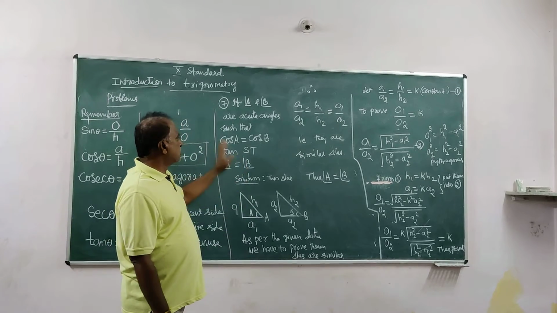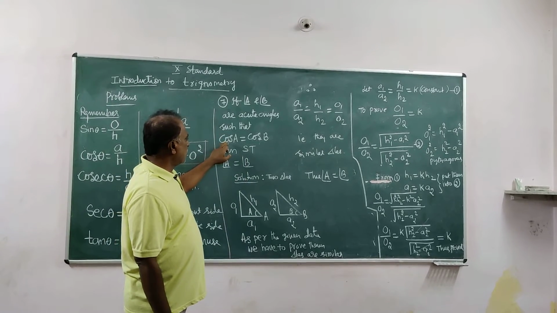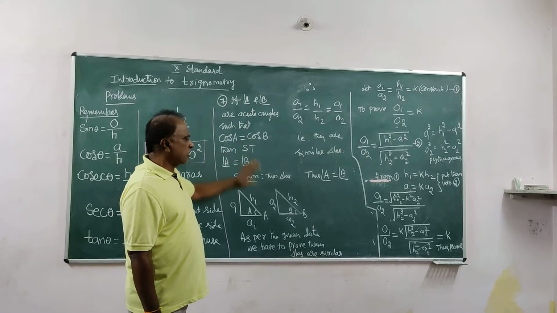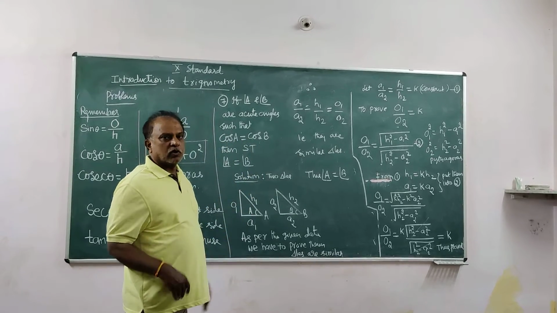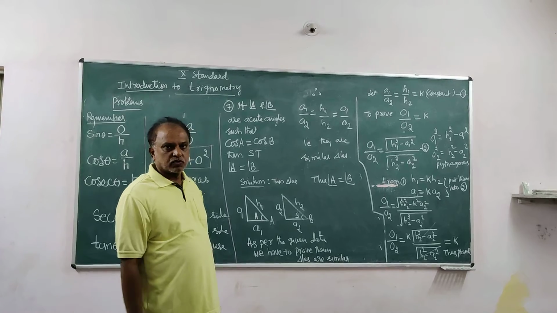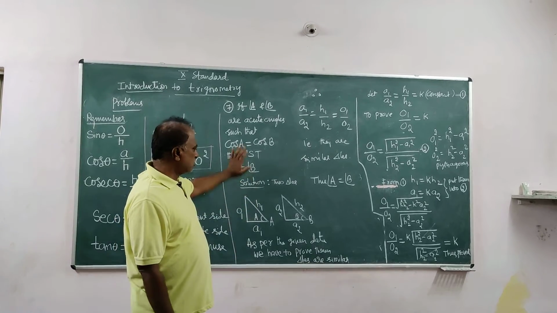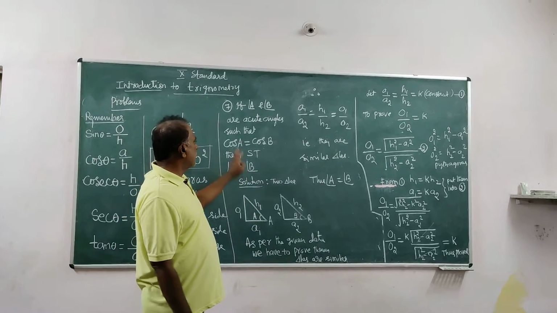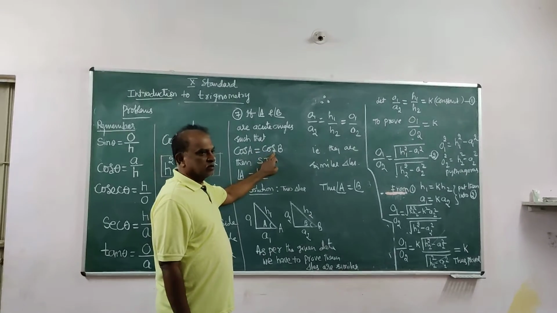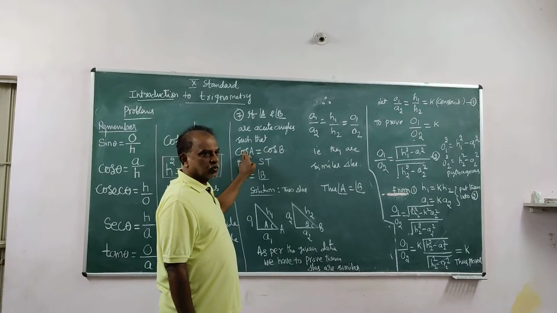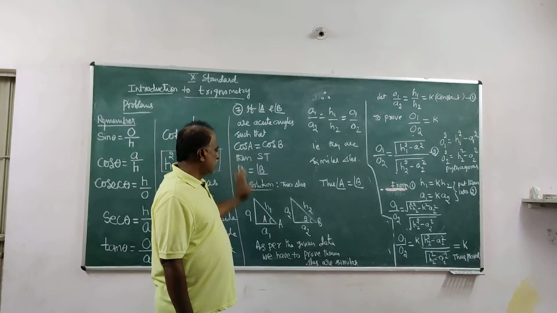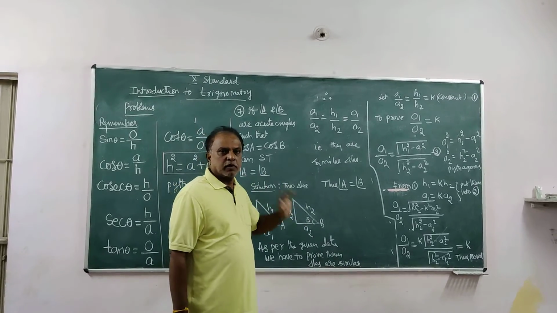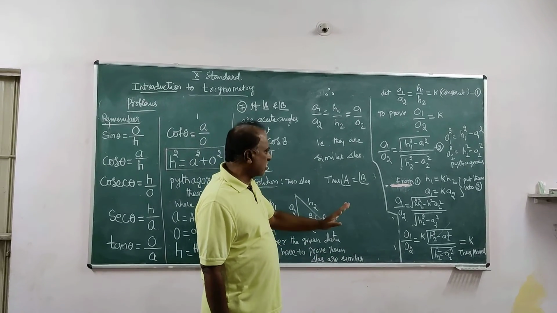So if you prove it like that for one of the trigonometric ratios, it is similar for all other trigonometric ratios. When this formula holds good, then those two triangles are similar triangles. The corresponding angles are the same.